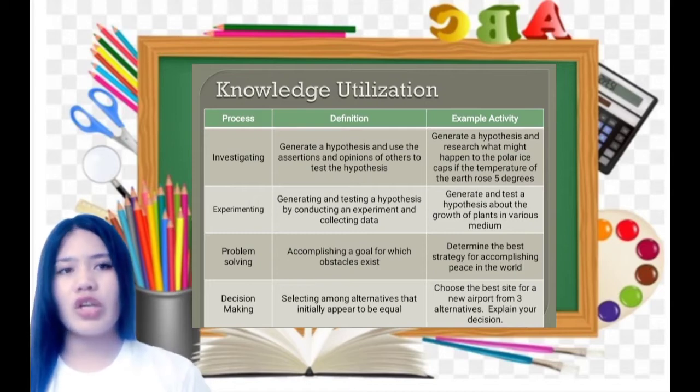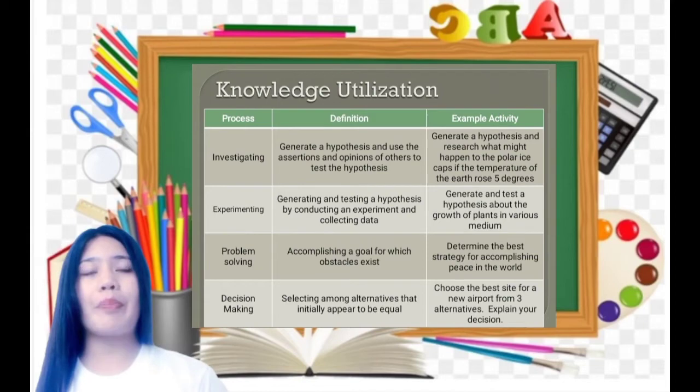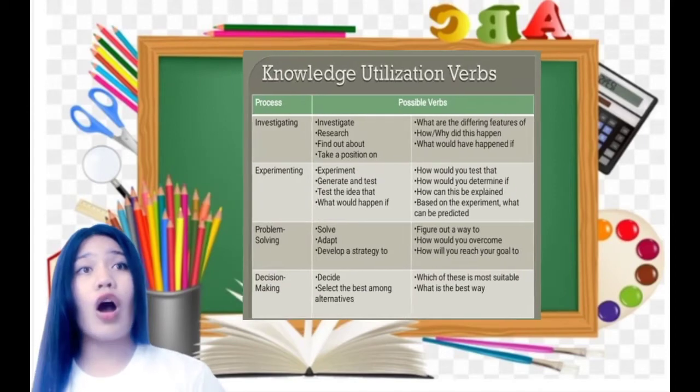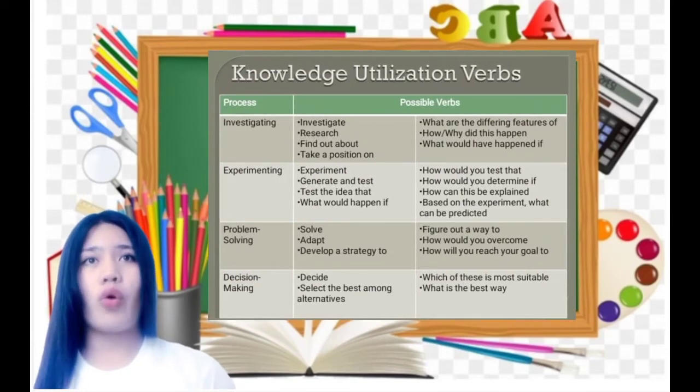Next is decision making. It is selecting among alternatives that initially appear to be equal. For example, choose the best site for a new airport from 3 alternatives. Explain your decision. So here are the possible verbs that we can use in this level 4.